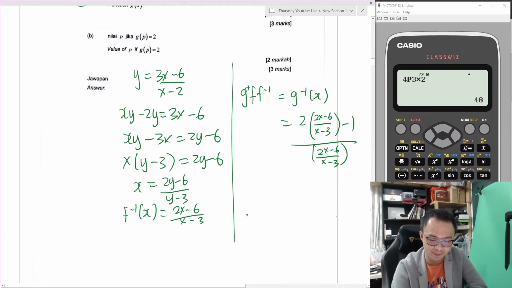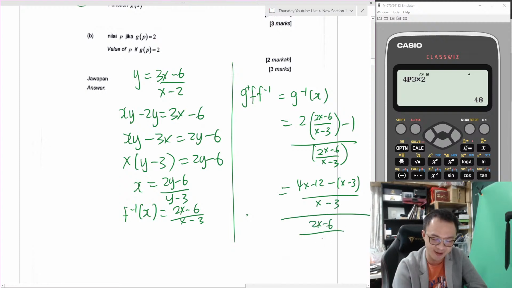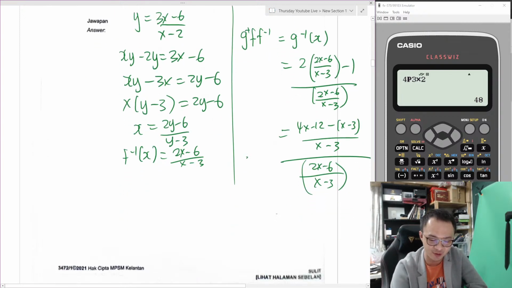Alright, so here I should have 4x minus 12, minus x minus 3 over x minus 3, over 2x minus 6 over x minus 3. Yeah, a lot of algebra work we need to solve here. So therefore my g inverse x should be 3x minus 9, this one and this one I can eliminate, over 2x minus 6.